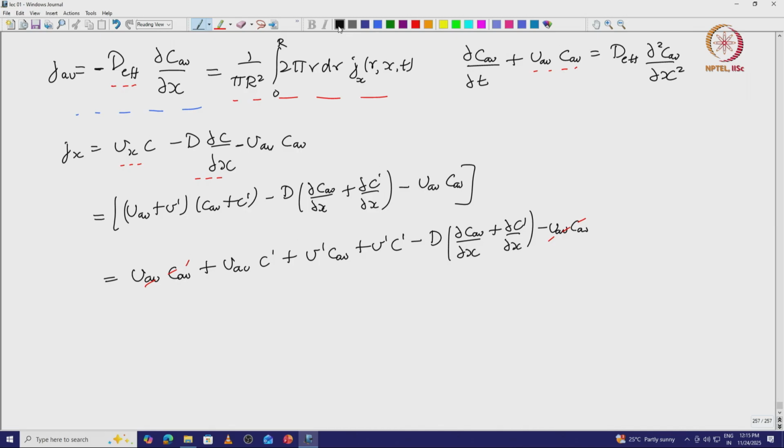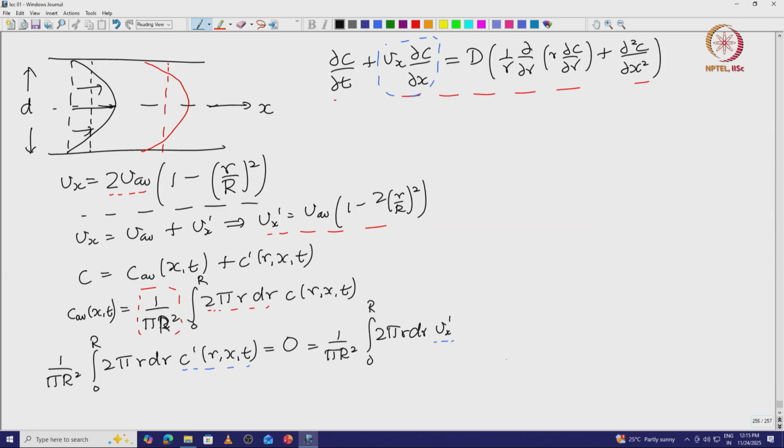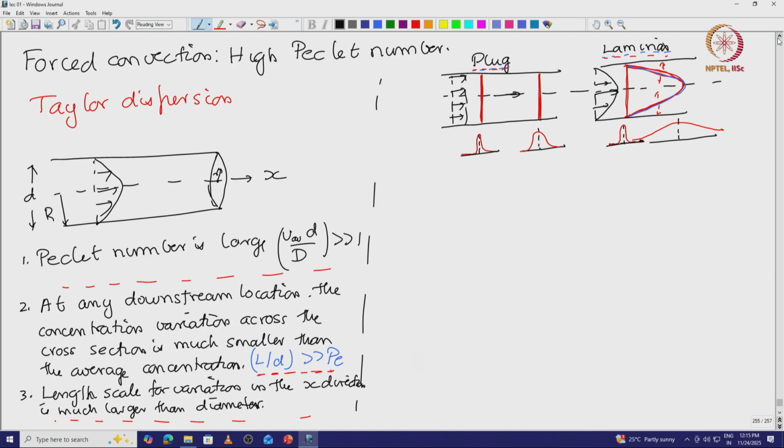The other thing, recall the assumption that the concentration fluctuation about the average is small compared to the average concentration itself. One of the assumptions that we stated over here was that the concentration variation across the cross section has to be much smaller than the average concentration.